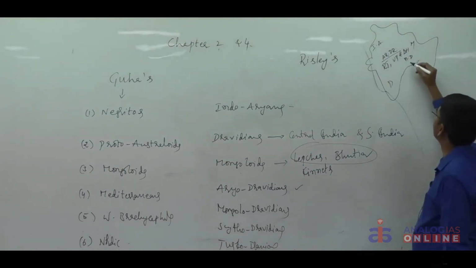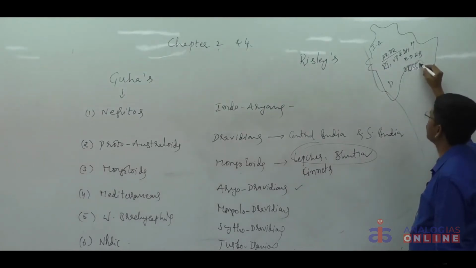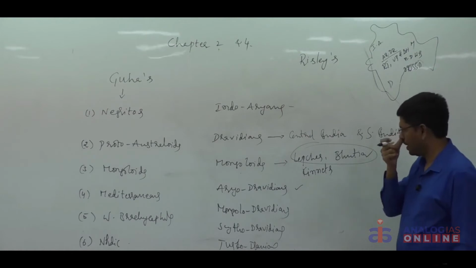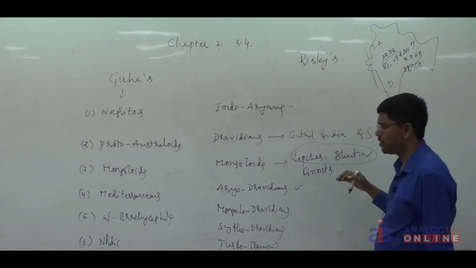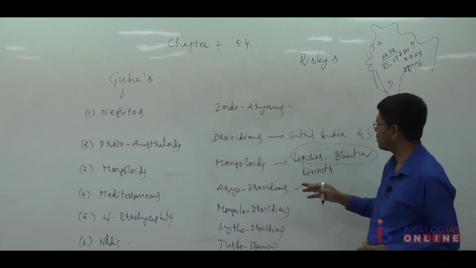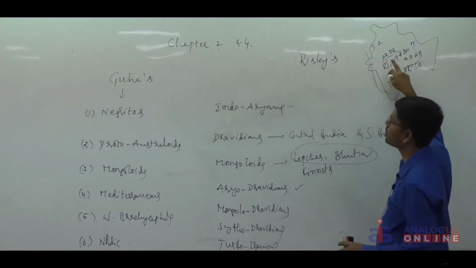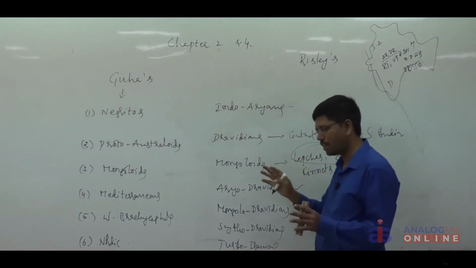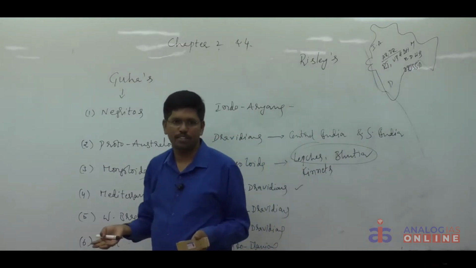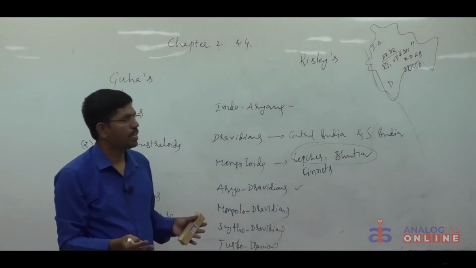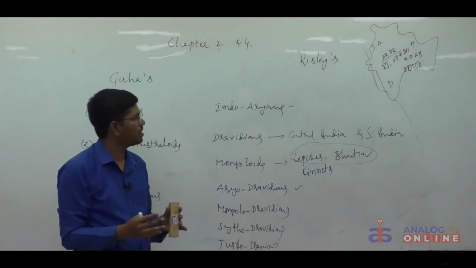Mongolo-Dravidians are there in the West Bengal region and Orissa region. Okay, in these elements we can come across an admixture of the characteristics of both elements. In Aryo-Dravidians we can come across the characters of Aryans as well as Dravidians. In Mongolo-Dravidians you can come across the characteristics of Mongoloids as well as Dravidians.